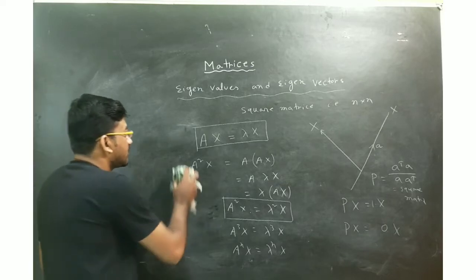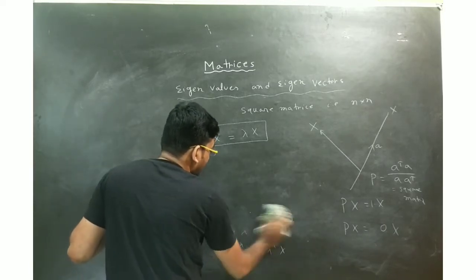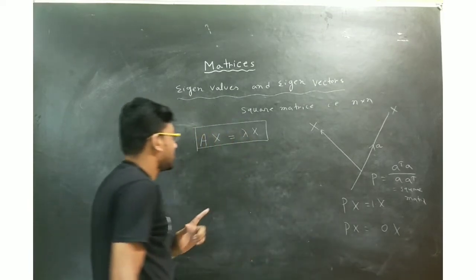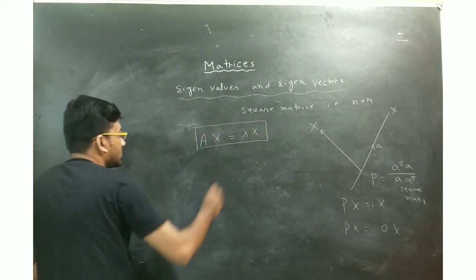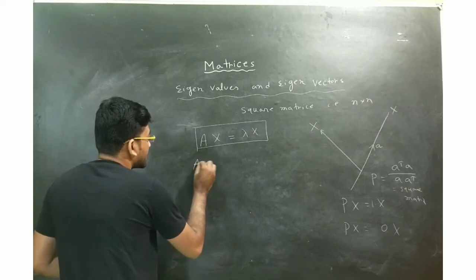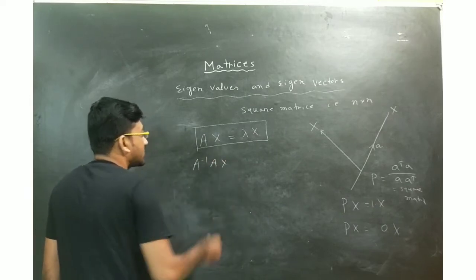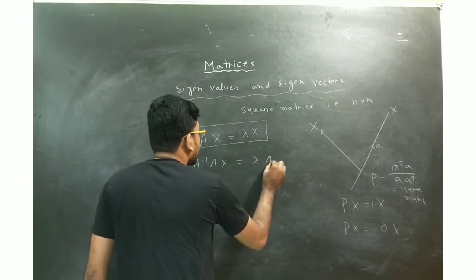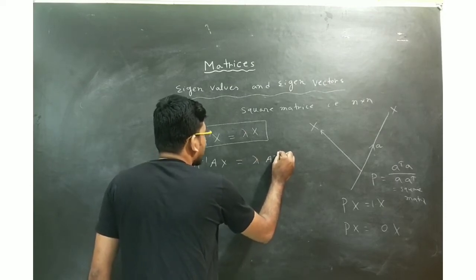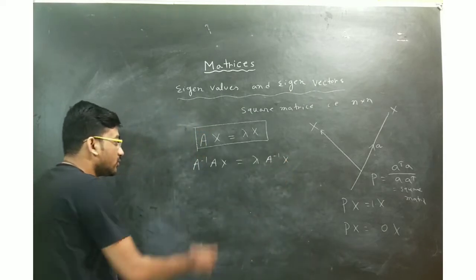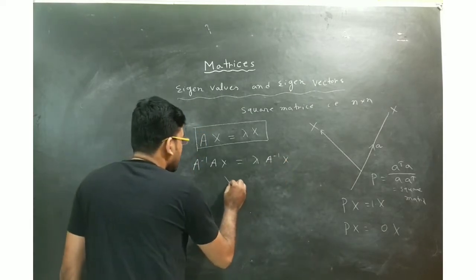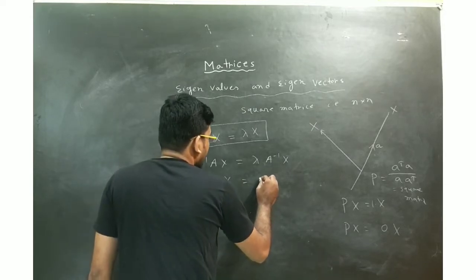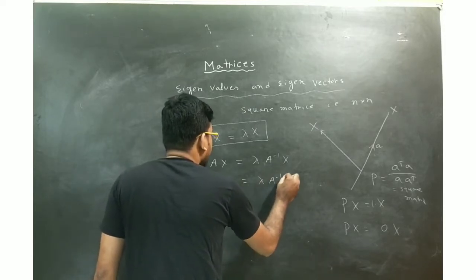How can you prove this? That this is not only the eigenvector of A square, A cube, but this is also the eigenvector of A inverse. So if you multiply this equation with A inverse, you will get A inverse Ax is equal to lambda times A inverse x, and you know A inverse A is equal to I, so x is nothing but lambda into A inverse x.